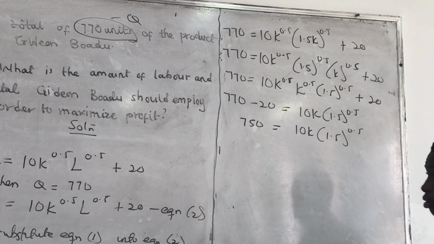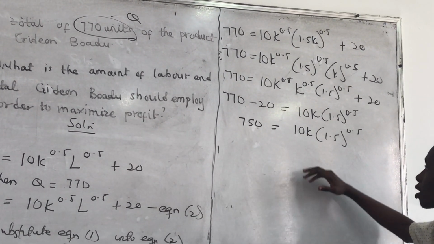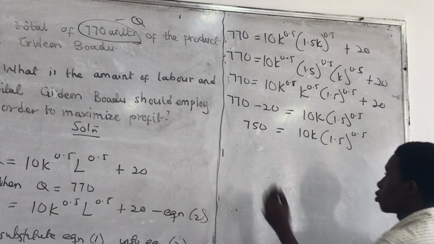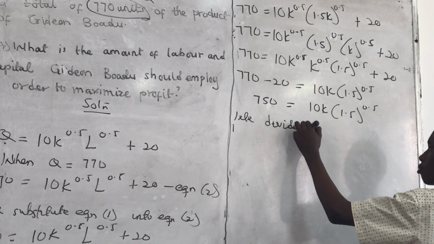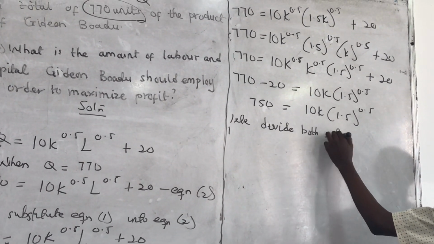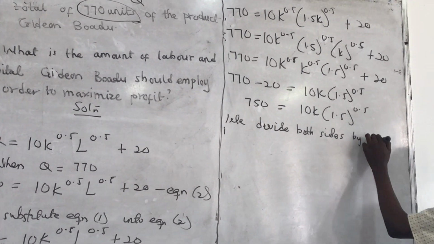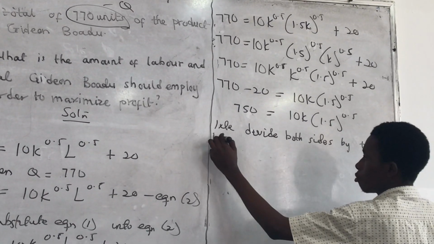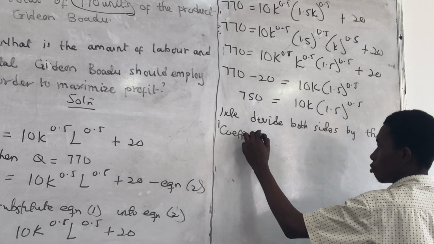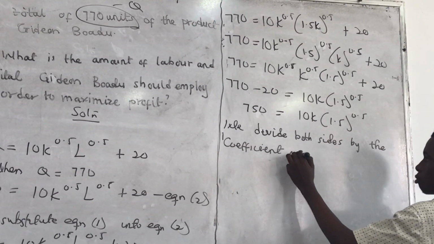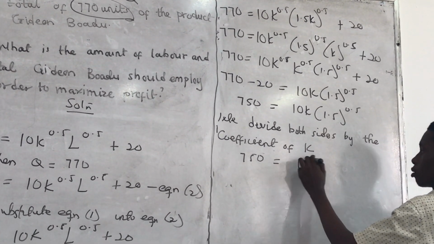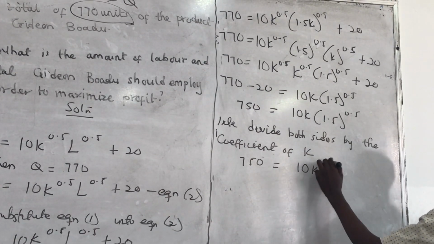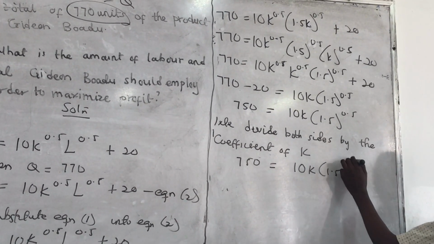Now in what, K? So we divide both sides by what? The coefficient of what? K. So we divide. So we have 750, then K, 1.5, 0.5.